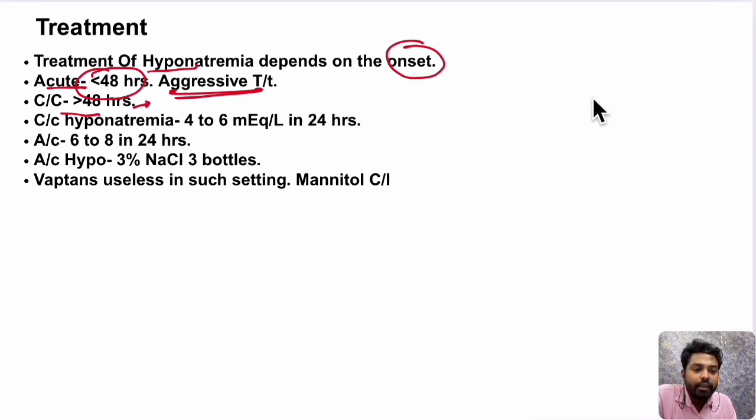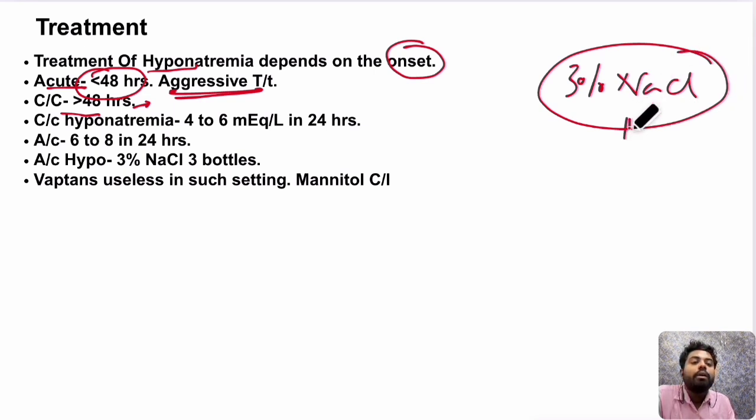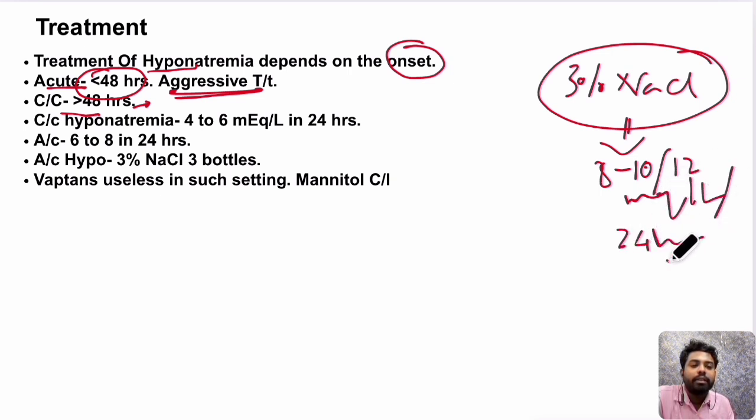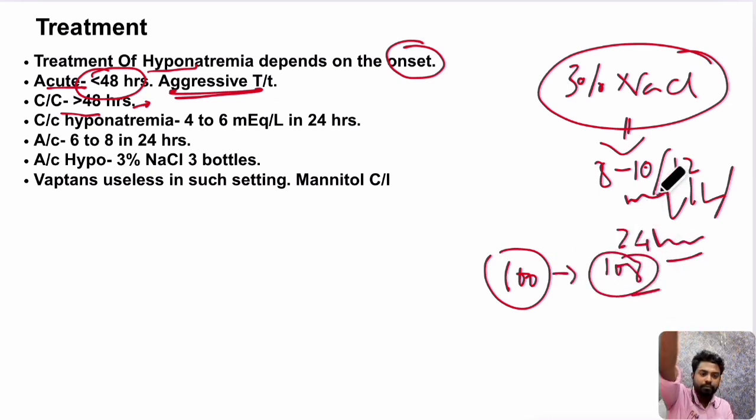So what does aggressive treatment mean? It means 3% NaCl. We have to correct the sodium quickly, 8 to 10 to 12 milliequivalent per liter in 24 hours. That is the target. So if the patient is at 100, we will try to reach 108 in 24 hours, not more than that.